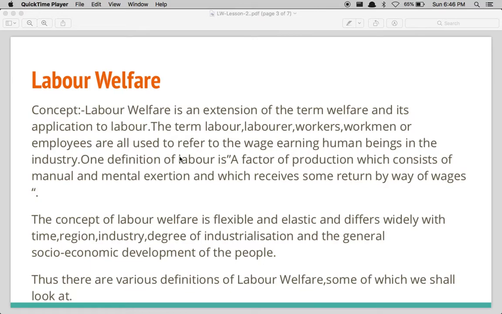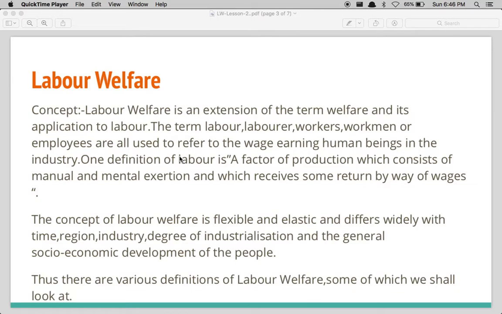That means, like money or capital, and land, labor is also a factor of production. And for the manual and mental work that the labor puts in, he or she receives compensation by way of wages.